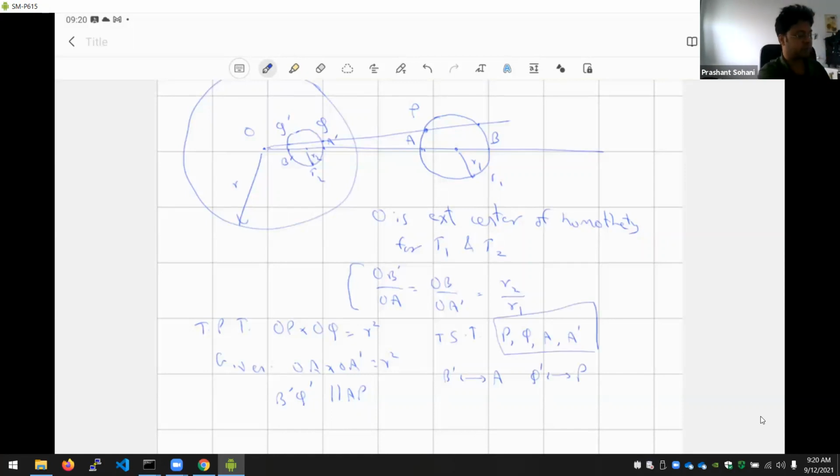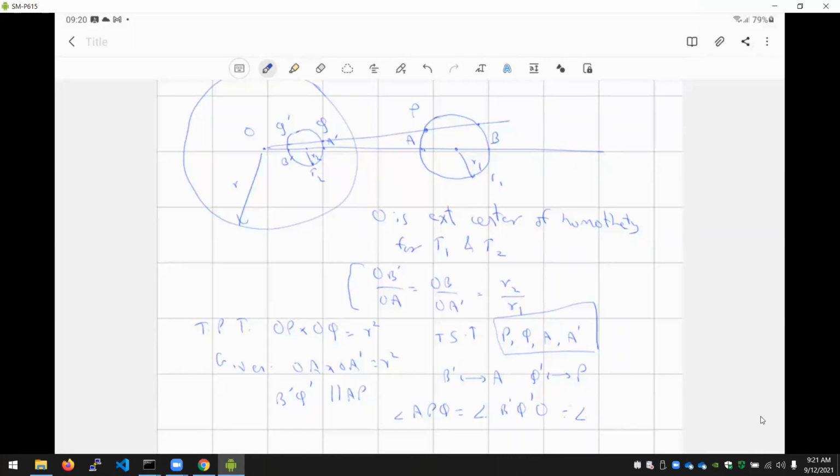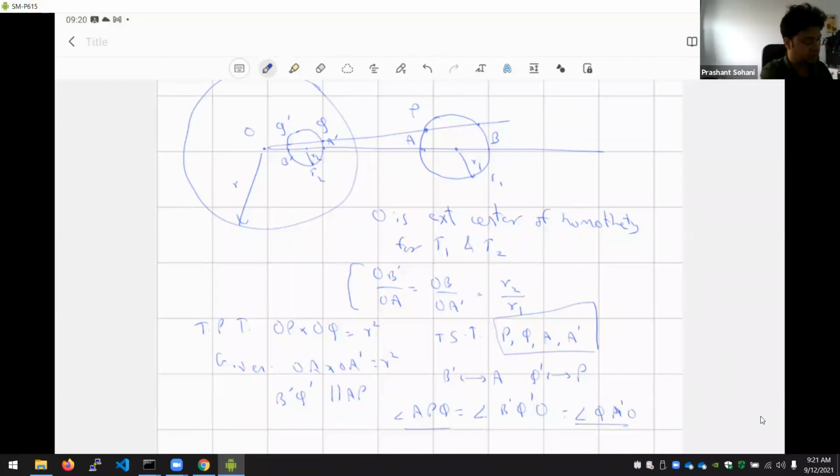because to show this concyclic property, it's enough to show any one pair of opposite angles is supplementary, and that follows directly. For example, angle APQ is equal to angle B dash Q dash O, which is equal to angle QA dash O. So these are the opposite exterior angles in this quadrilateral, and we are done.